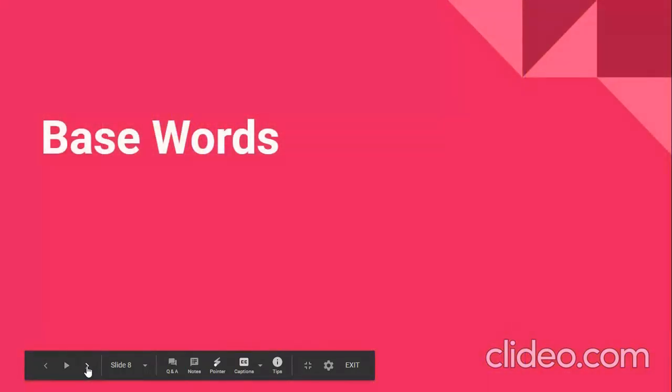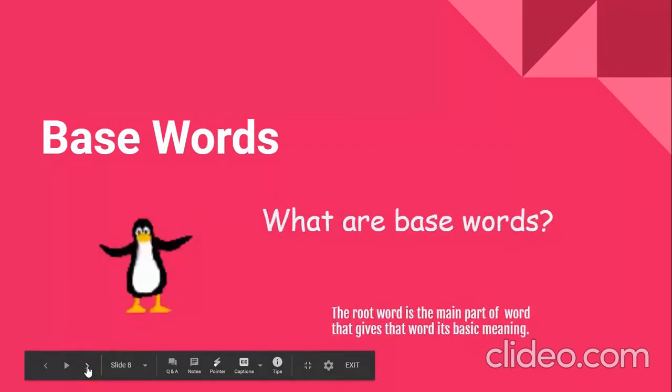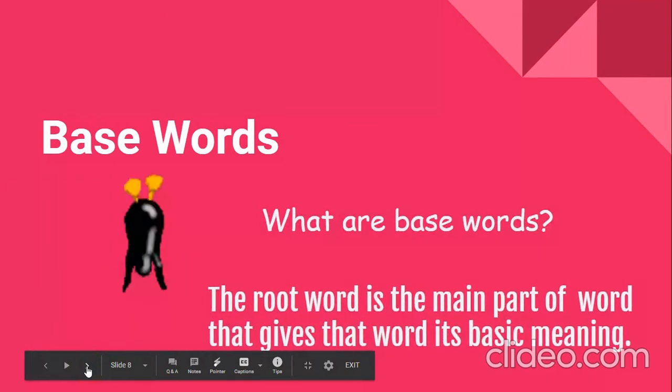Okay, so let's go ahead and take a look at base words because this is something we did previously. Do you remember what base words are? Yeah, the base word is the root word, the main part of the word that gives that word its basic meaning. So the root word or base word is a word that we cannot change. It's unchangeable.